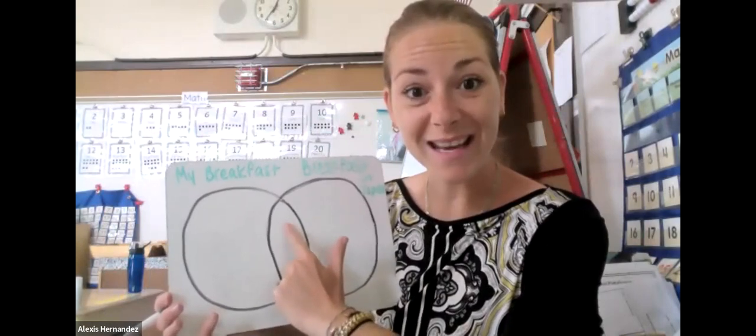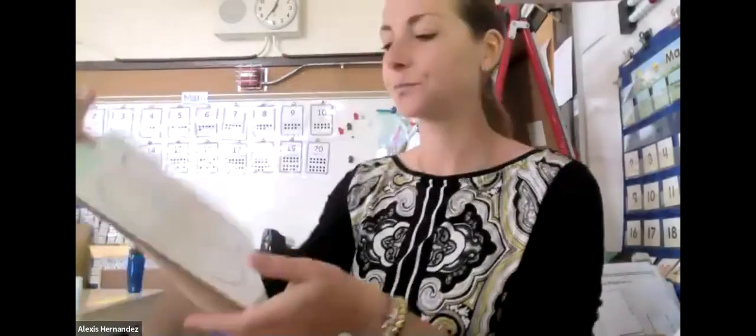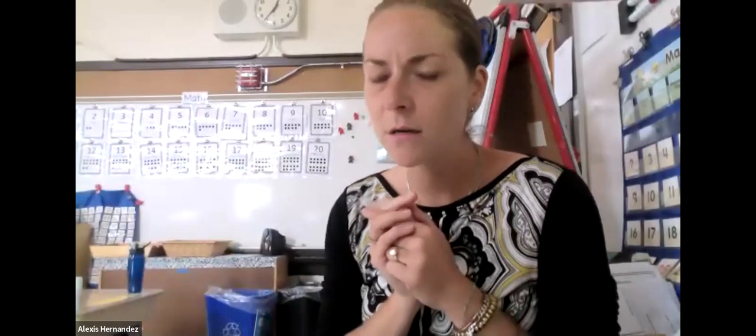So I'm gonna put that in the circle that overlaps because both the US and Japan eat eggs for breakfast. But there were some things that were different. I know that I normally eat my eggs with a fork and maybe a spoon even.